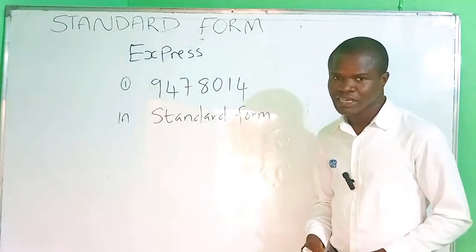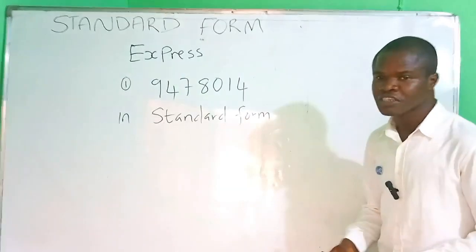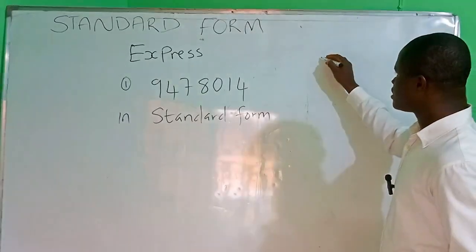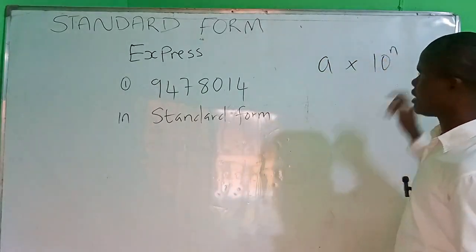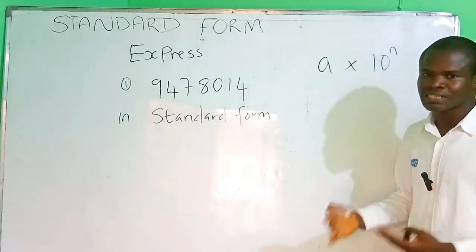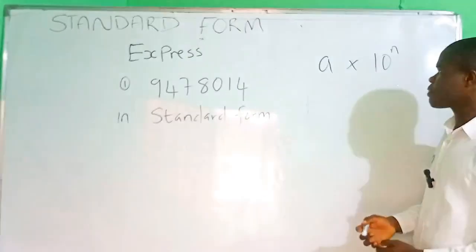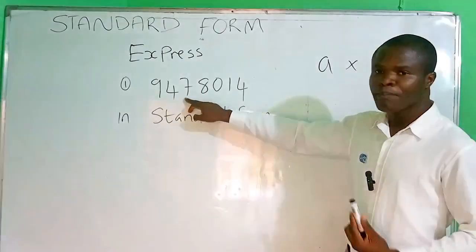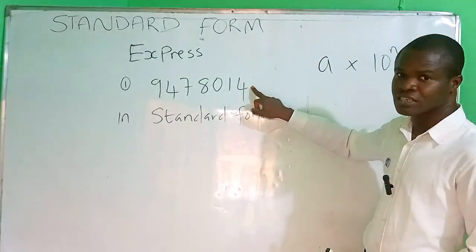Secondly, remember we said that a number is said to be in standard form if it is written like this: a times 10 raised to power n, where this a is a number between 1 and 10 and n is an integer. Since this number does not apparently have a decimal point, it means that the decimal point is here.